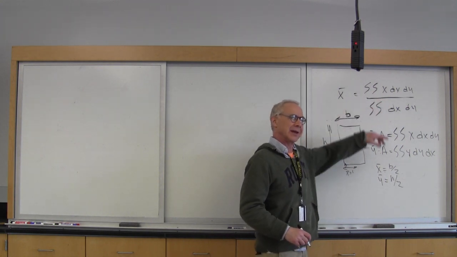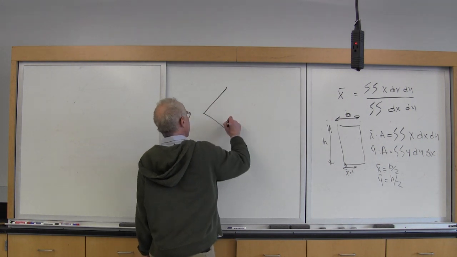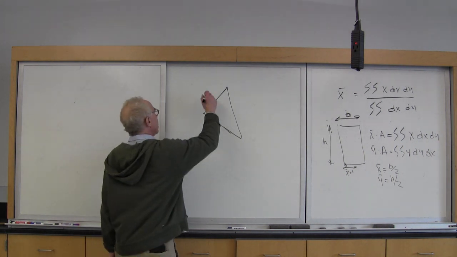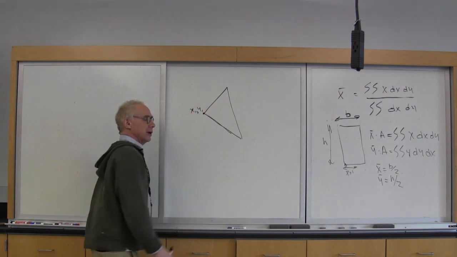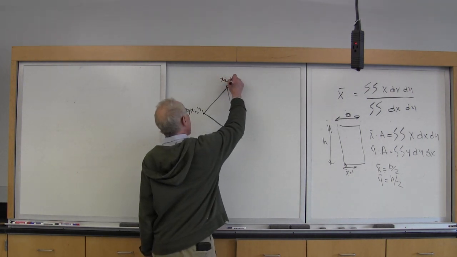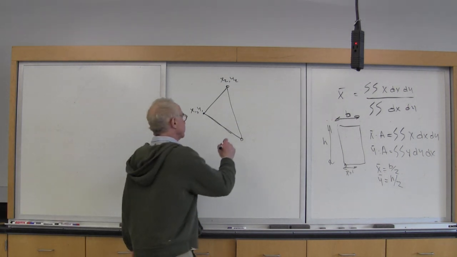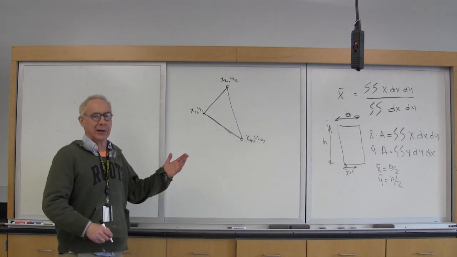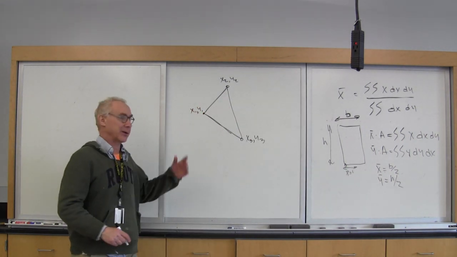I think we might have done it, I can't remember. And we can do the same thing for a triangle. I'm going to draw a sort of arbitrary triangle, and if we knew the coordinates of the corners, as x1, y1, and x2, y2, and x3, y3, the centroid in the x direction is simply the average of the x values at each of the corners.